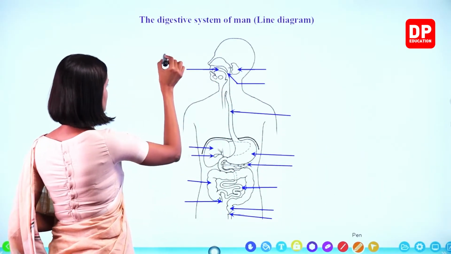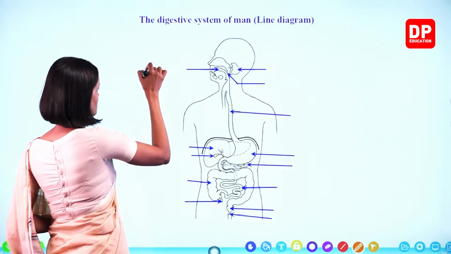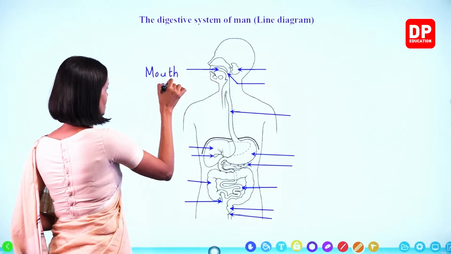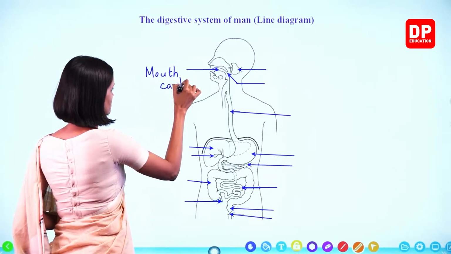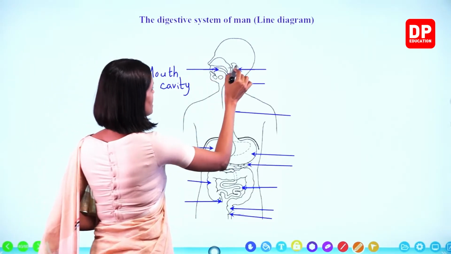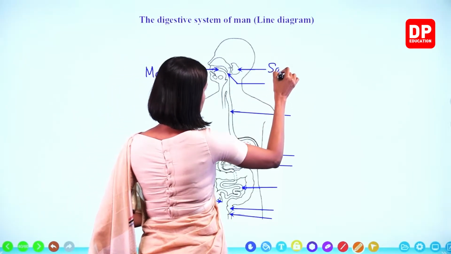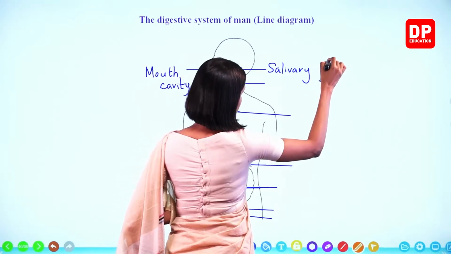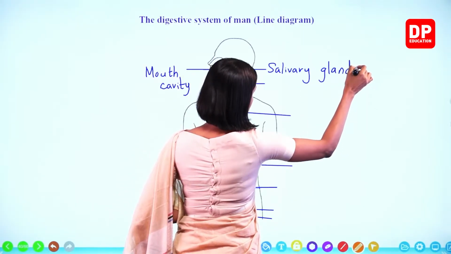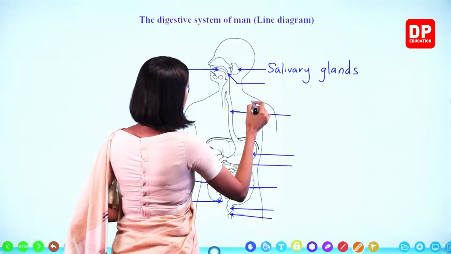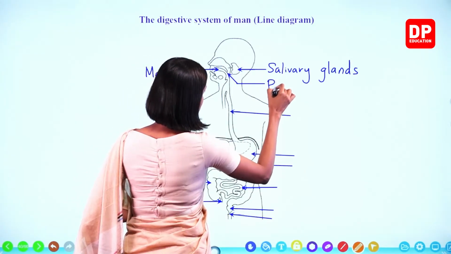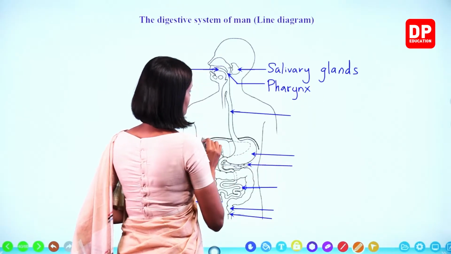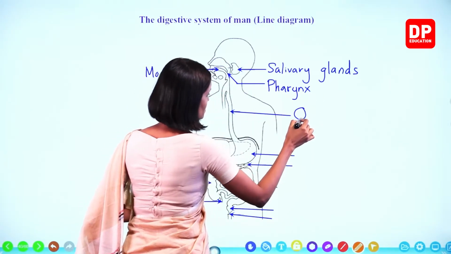What is this? This is the mouth or mouth cavity. Mouth cavity. Salivary glands. There are 3 pairs of salivary glands. Pharynx. Esophagus, the tubular structure.